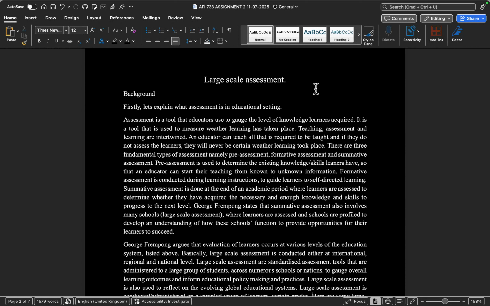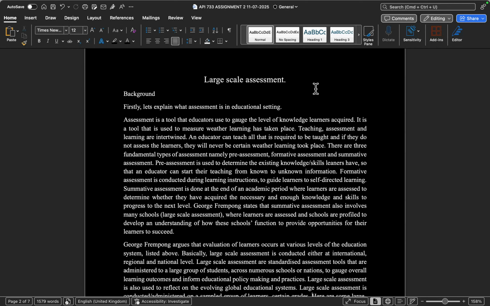Pre-assessment is conducted before the new information is taught to the learners. Basically, it is an assessment that seeks to establish the existing knowledge that the learners have, so as to plan and tailor your lesson according to the level of knowledge the learners have.